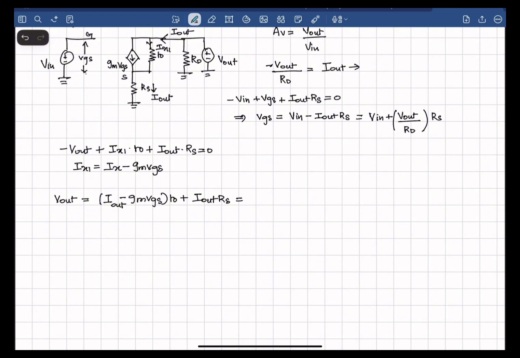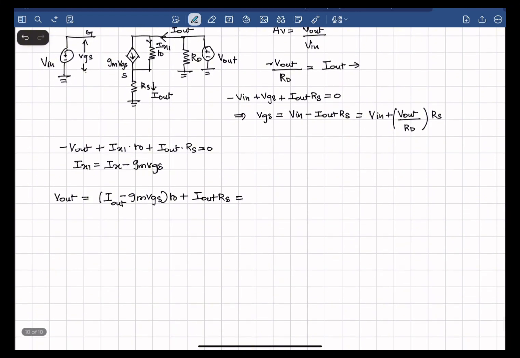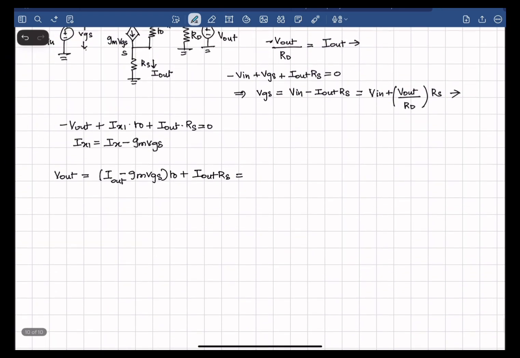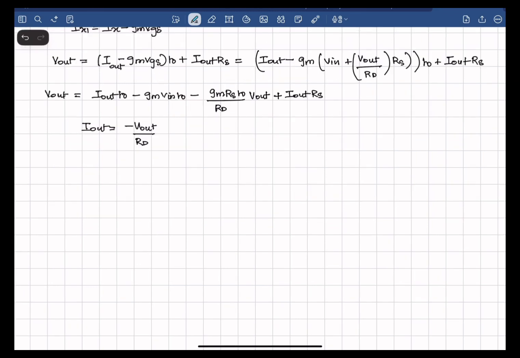And we know the value of VGS from this equation. Substituting that, I get (Iout minus Gm into (Vin plus Vout by RD) into Rs) multiplied by Ro plus Iout into Rs.